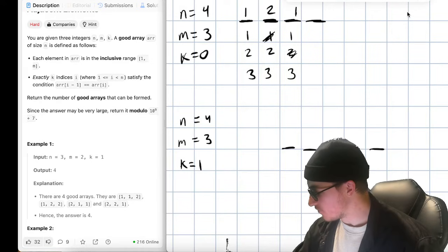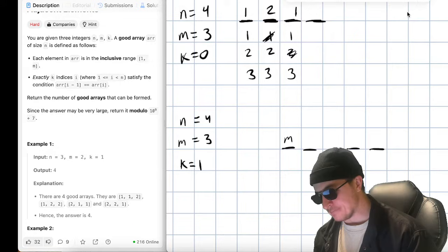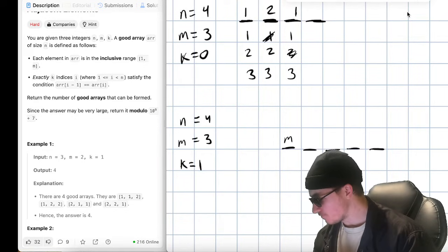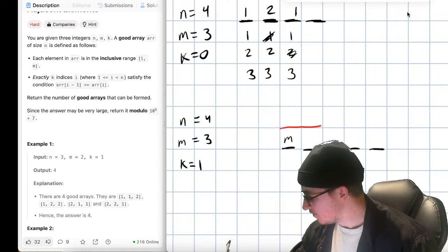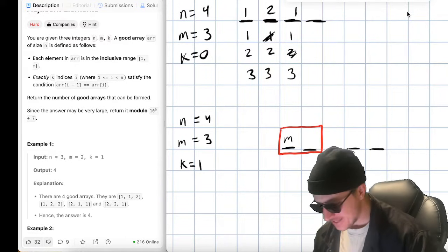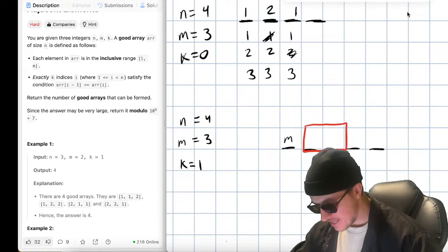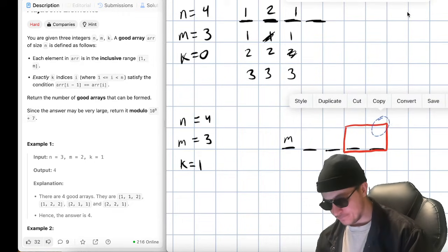So we still have this first thing where the first one can be m things. That's true no matter what, right? But what does that do for the rest of the problem here? Well, there's some place where, either in this slot, or this slot, or this slot, or this slot, the elements are equal.